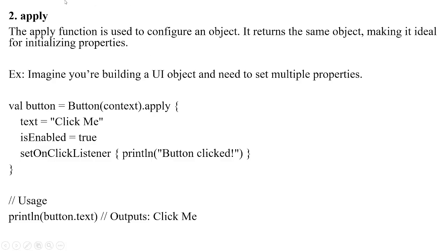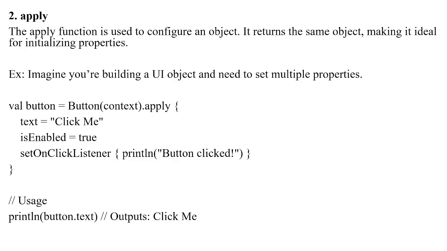Suppose you are going to initialize a button in Kotlin. In that we can use the apply scope function, where we write the text "Click me", and isEnabled is used to enable the button.